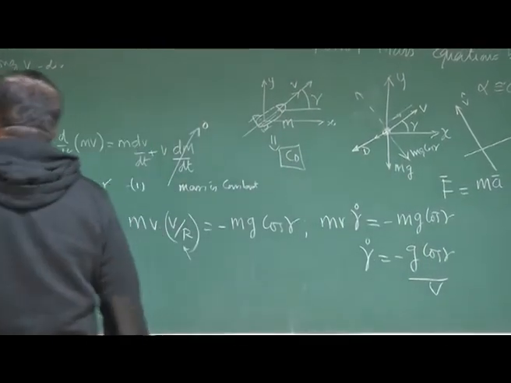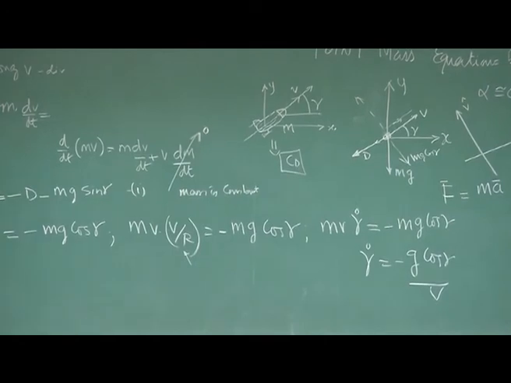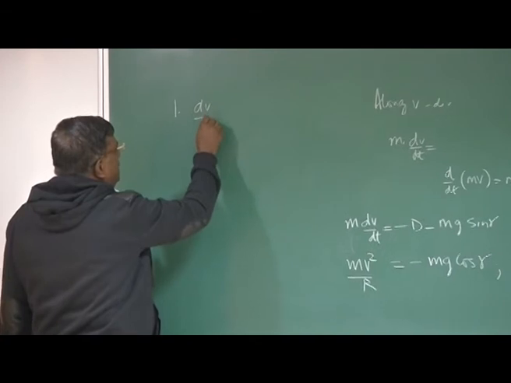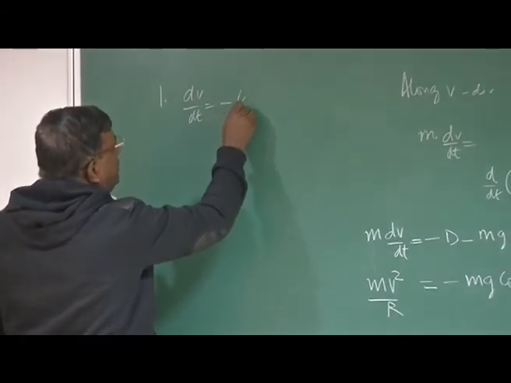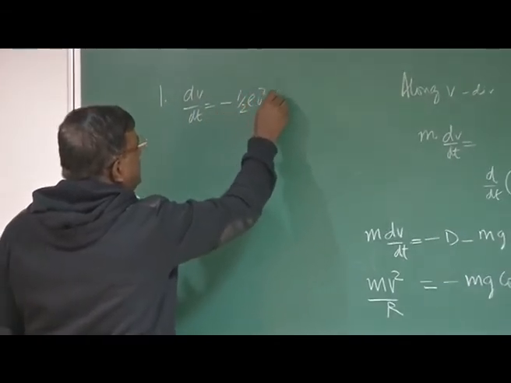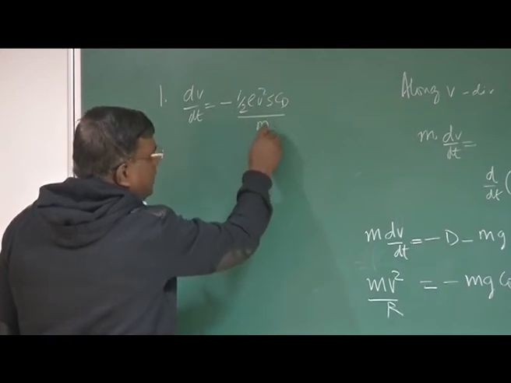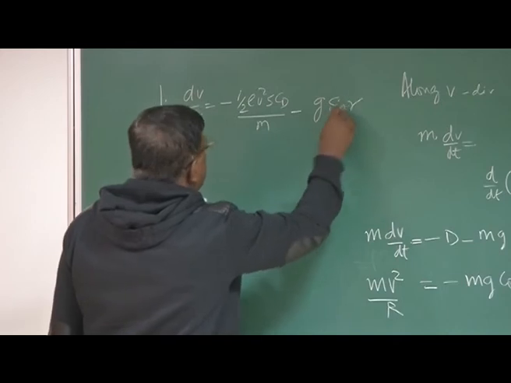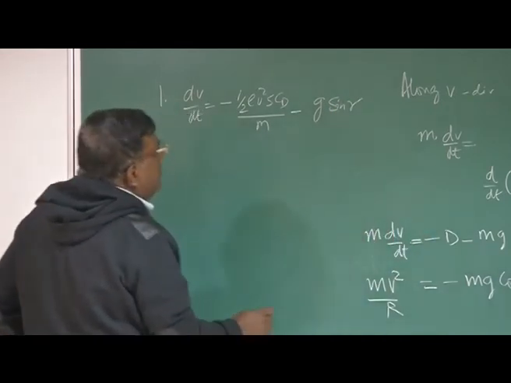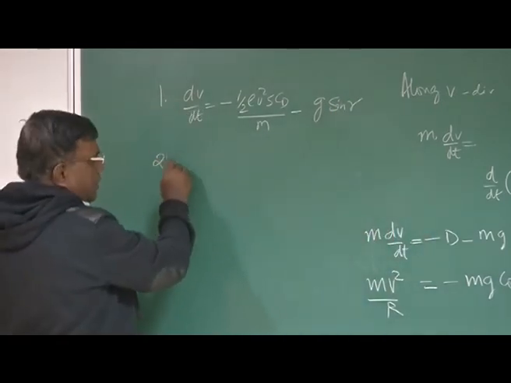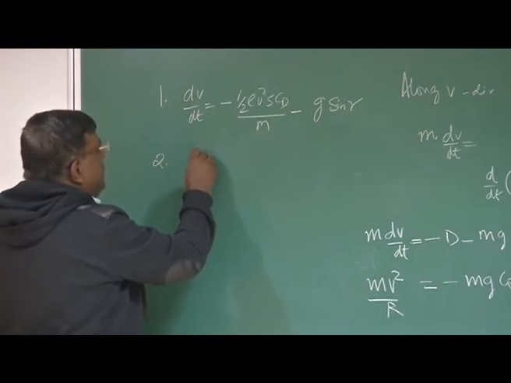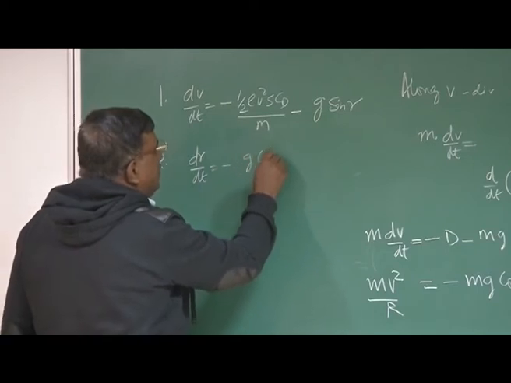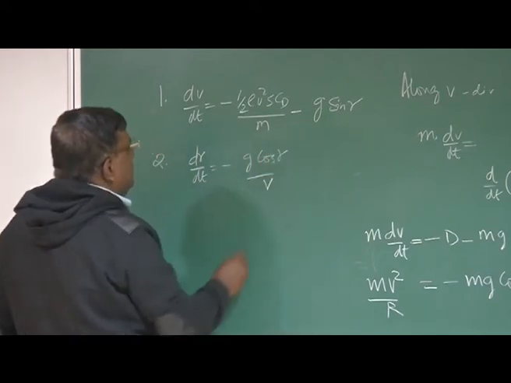So what are the equations of motion we got when we wrote it like this? One is dv by dt is equal to minus half rho v square S CD by m minus g sine gamma. I have divided this by m all through. And our second equation I got is d gamma by dt is equal to minus g cos gamma by v.